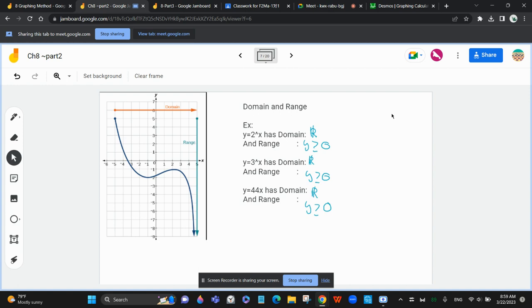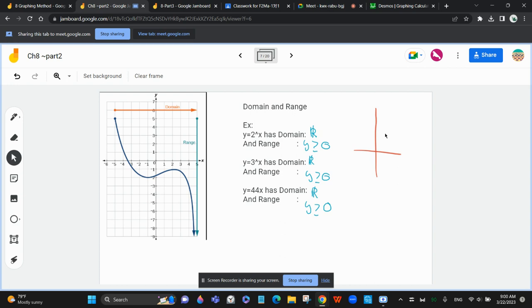Okay, here. So the domain and the range of a function: the domain is the x, the possible values of the x axis, while the y is the range, which is how much the function can get to. So 2 to the x is the exponential function, like this one.